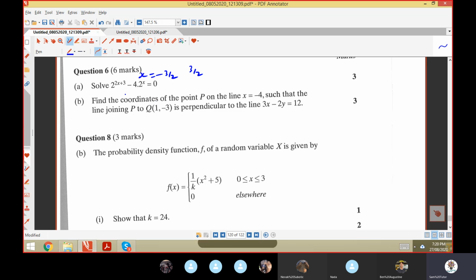2 to the power of 2x plus 3, minus 2 squared times 2 to the power of x, equals 0. Interesting. That's not what I would have thought of. Cool. And then 2x plus 3 minus 4x equals 0. Wait, say that one again. 2x plus 3 minus 4x equals 0. 2x plus 3 minus, what did you say? 4x.